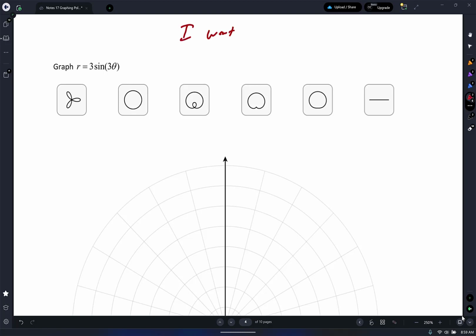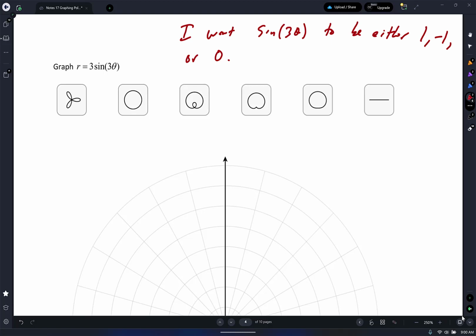I want sine of 3 theta to be either 1, negative 1, or 0. That's what you want. Are we okay? We're going to find how we get the petals.